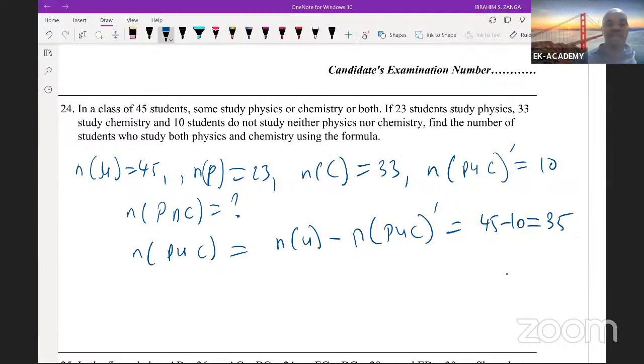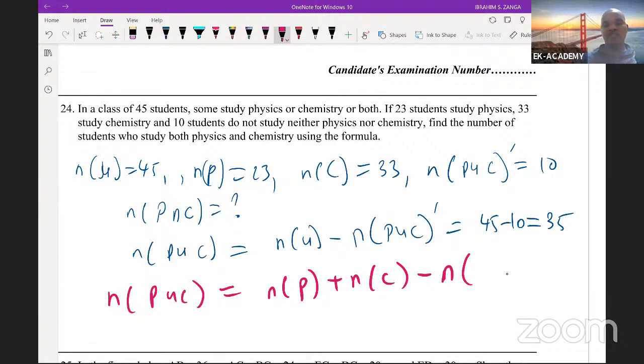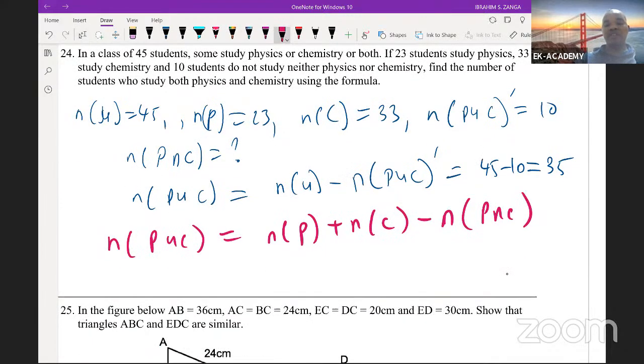So from the formula, n(P union C) equals n(P) plus n(C) minus n(P intersection C). So n(P union C), it is 35 already, equals n(P), which is 23, plus n(C), 33, minus n(P intersection C).